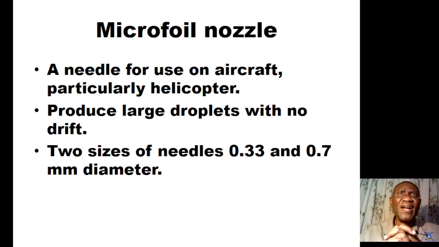The type of nozzle fitted to that aircraft, particularly the helicopter, is a sort of a needle. It can produce large droplets with no drift. Two sizes of needles, 0.33 and 0.7 millimeter diameter.